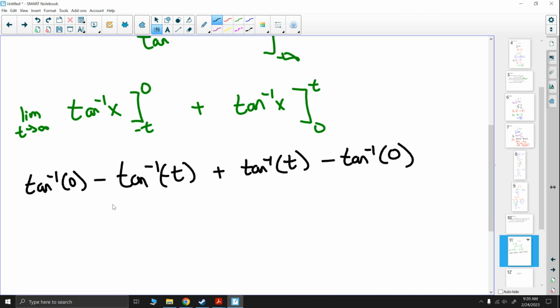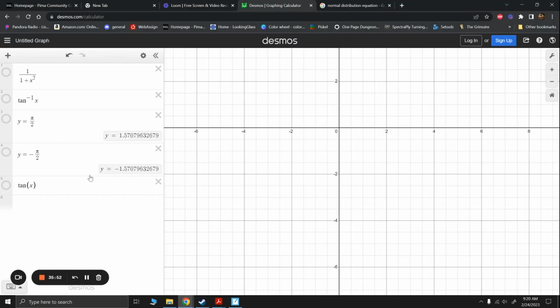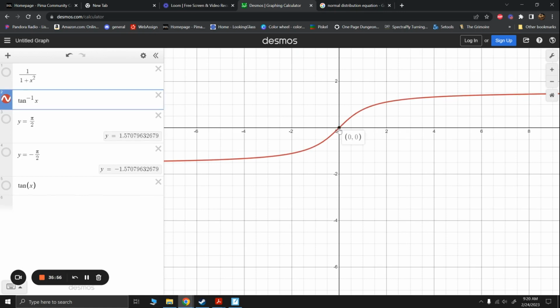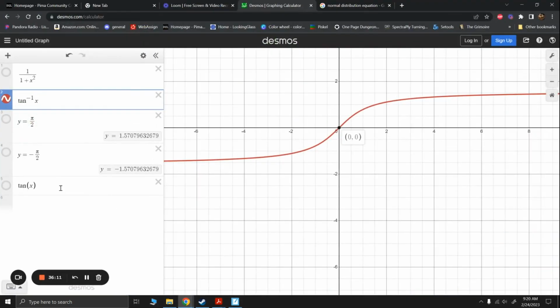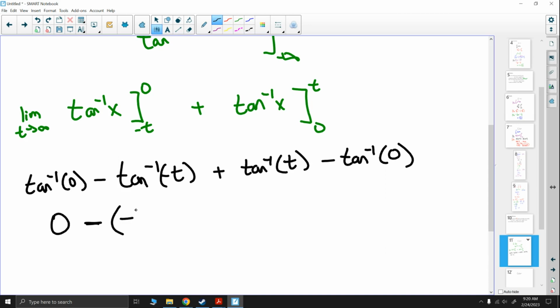Okay, now, if you're not sure, tangent inverse of 0 is 0. So that's going to be a 0 minus tangent inverse of negative t as it goes to infinity. Let's take a look at this thing. Tangent inverse has a horizontal asymptote of negative pi halves, so that's negative pi halves.